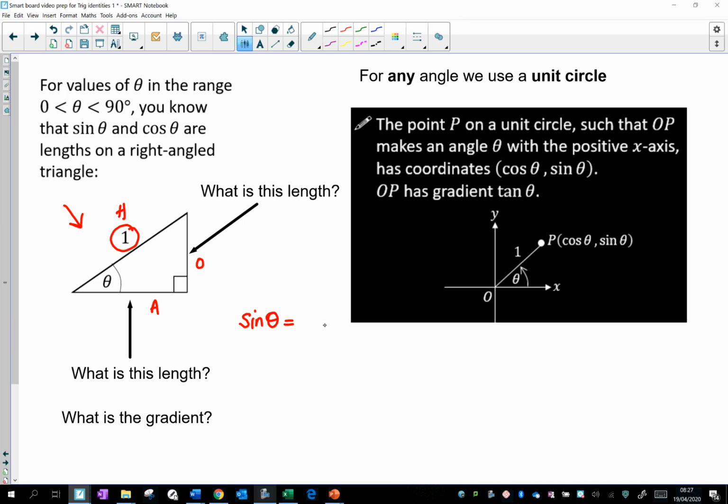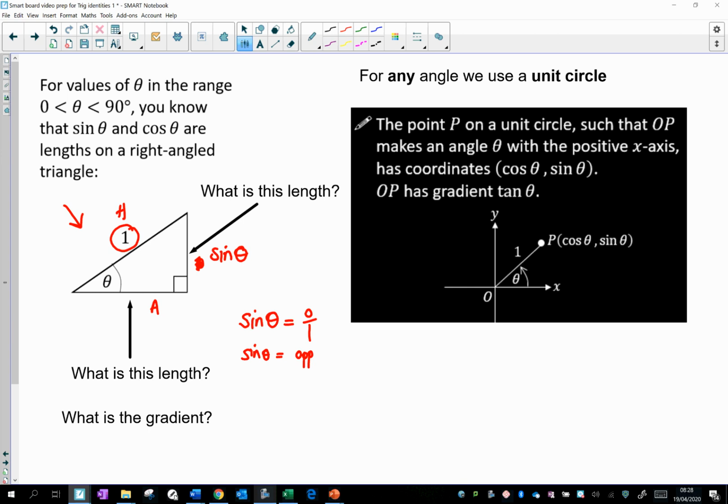In this case that's just the opposite divided by 1, so sine theta is just the opposite. So this length here is actually sine theta.